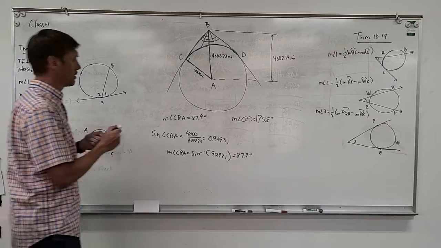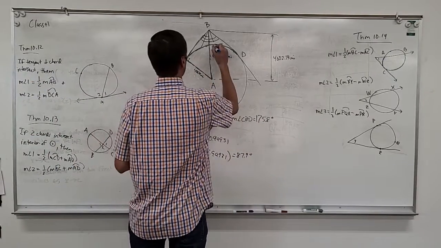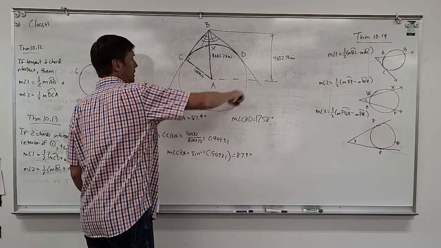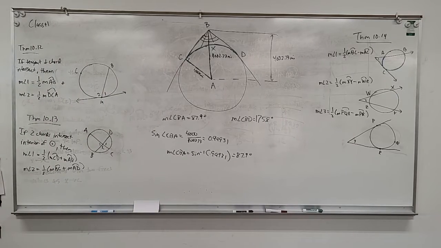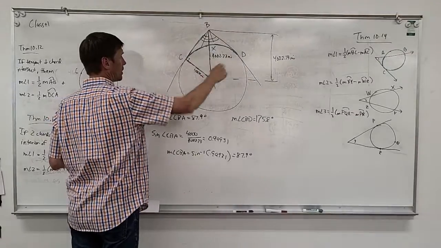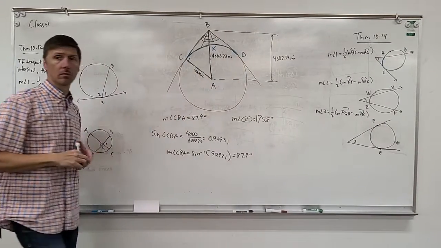If we label this blue arc X, we don't know what this distance here is, so how are we going to find out what X is? We know that this angle here is going to be half of this minus this.